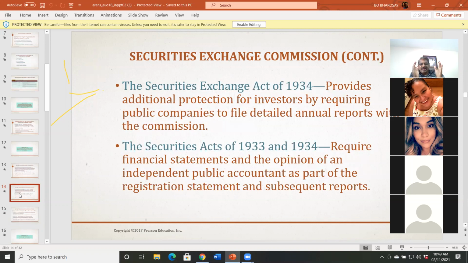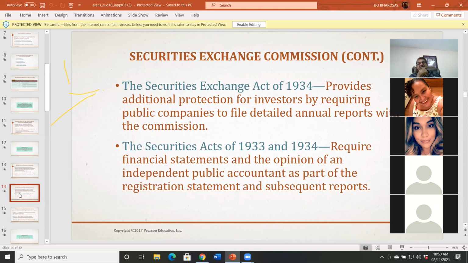Now, the Securities Act of 1933 governs companies that are going public for the first time. So the companies went public in '33 and they registered with the SEC. What happened after that? Did they stop providing financial information? No. The Securities and Exchange Commission in 1934 came out with the Securities Exchange Act of 1934.